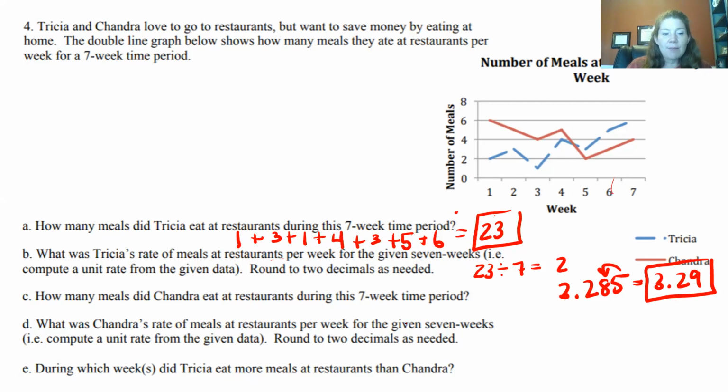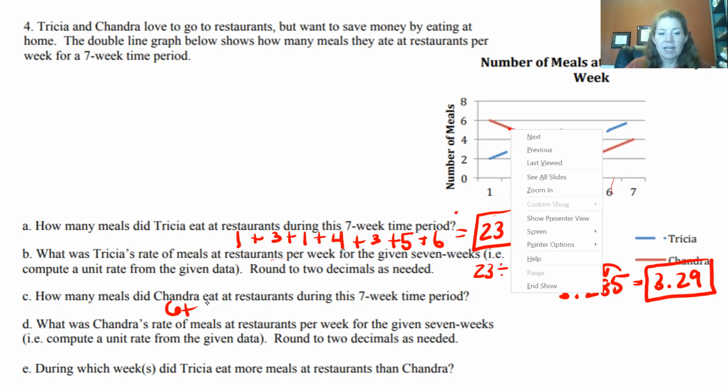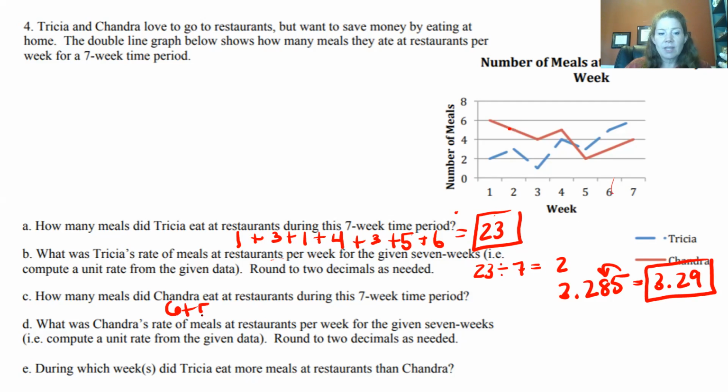The next question, how many meals did Chandra eat at restaurants? So Sandra is the dark orange. So the first week was 6. Week 2 right here would be 5, right? Week 3 is going to be 4.